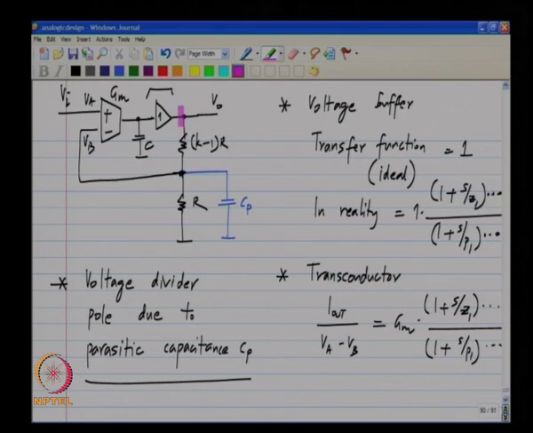For the voltage divider, I have only illustrated an extra pole, but it is possible to have a zero if there is a capacitance between this point and that point. So, in general you will not have only the transfer function that you want, you will also have extra poles and zeros, and that is how delays come into the system, that is how all this non ideality comes into the system. Now, why is this equivalent to a delay?